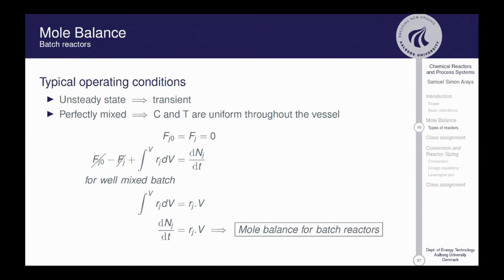And then we make another assumption that it is perfectly mixed. So at any given time, the concentration and temperature of the whole vessel is the same, so they're changing in time, but they are not changing in space. So it's perfectly mixed, meaning that the concentrations at the top of the reactor and the bottom of the reactor are the same if you take them at the same time.